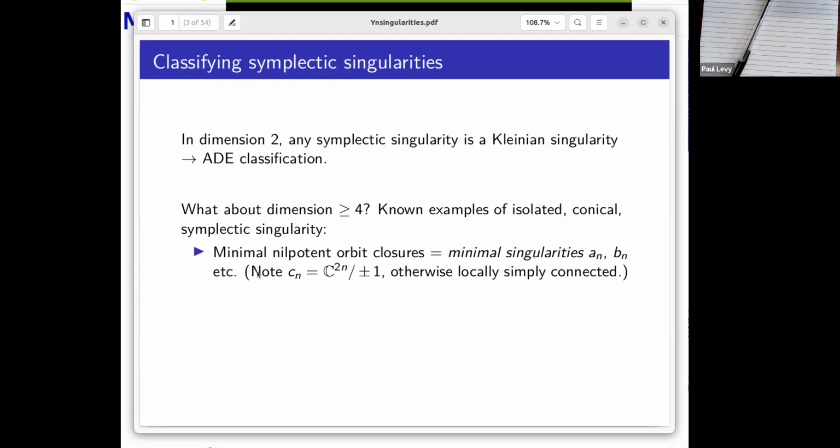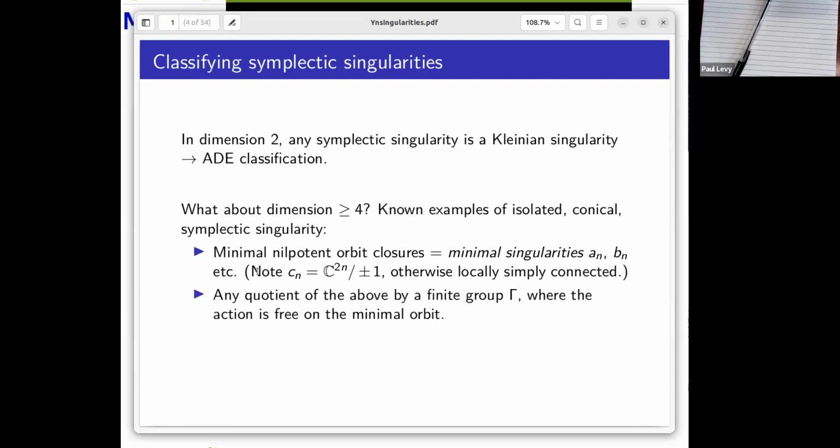So the known families, and this is going back to the prehistory of the subject, are the minimal nilpotent orbit closures. These are called minimal singularities in the Dr. Chazy sequence of papers. We can also take the orbit space of any one of these minimal singularities by an action of a finite group gamma.